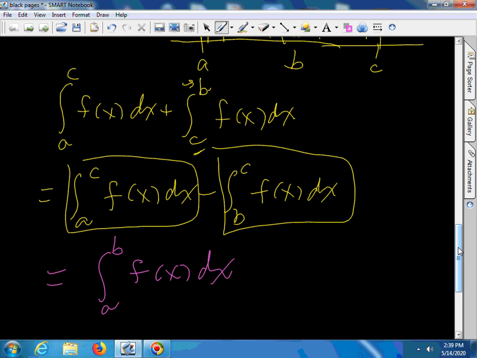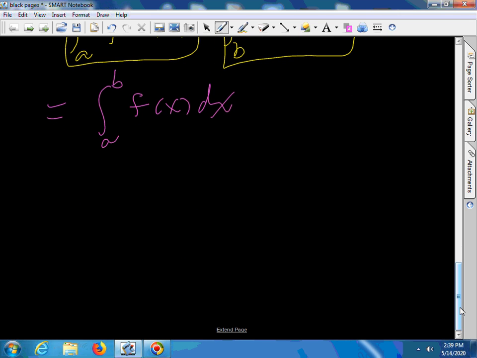I guess maybe there's two more cases to look at. Suppose case 4. Suppose A is less than B, but B equals C. Okay? B equals C. It equals one of the endpoints.